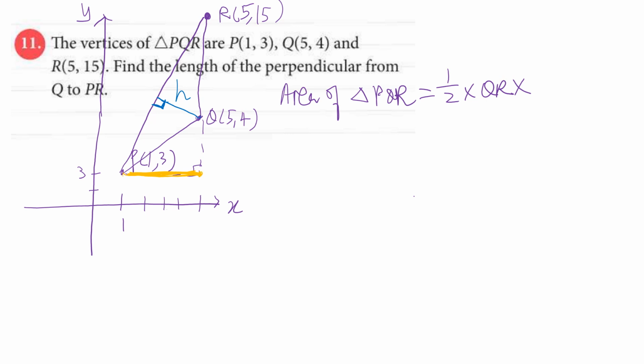At this particular point here, we're just going to call it X. This point will have x-coordinate 5 and y-coordinate 3. So this distance here will be just 5 minus 1, 4 units.